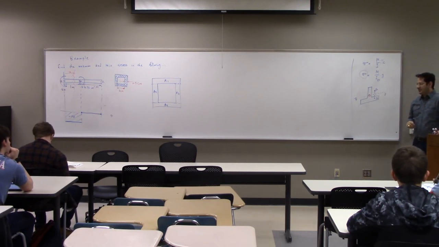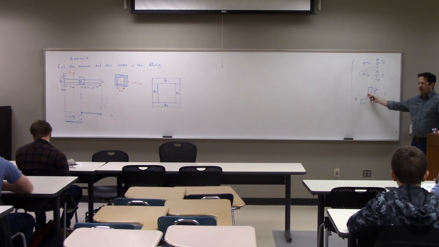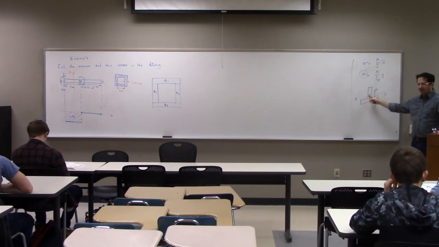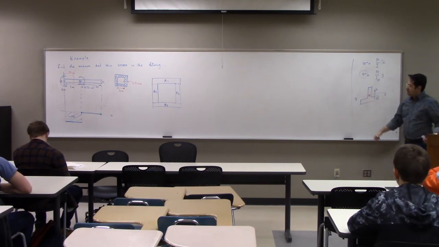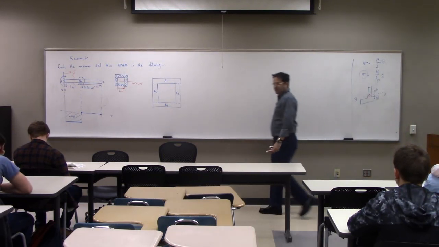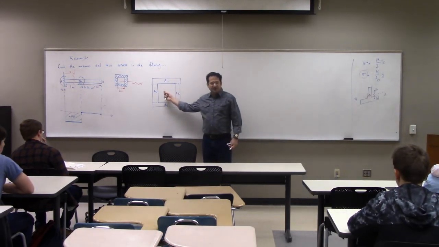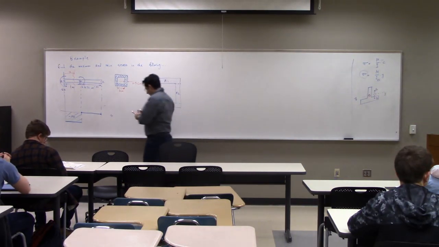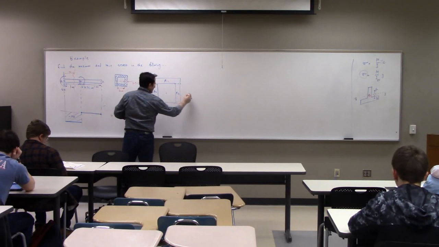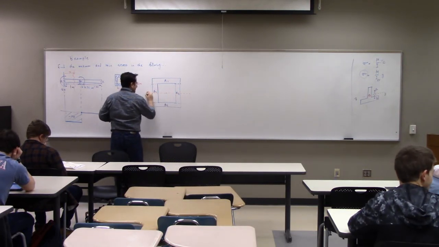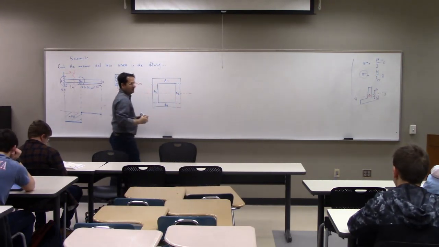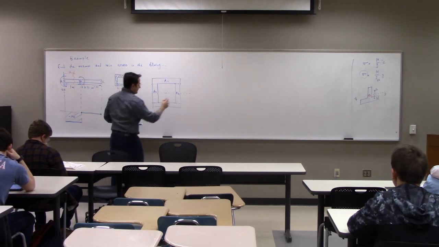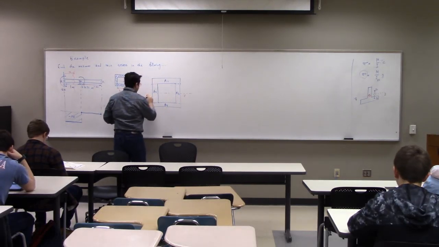The next problem is, you find this moment of inertia with respect to the wrong coordinate. You have to find the respective centroids. So in this case, I need to find the centroid. It's perfectly symmetric, so it's right here. So if my axis is right here, let's say this is your axis Z-Z.